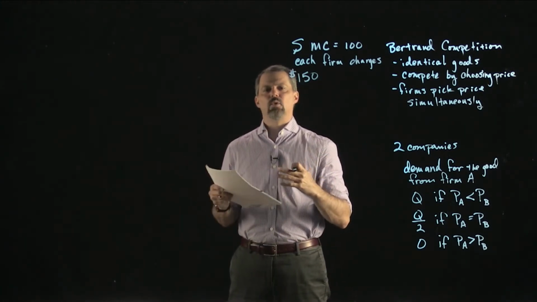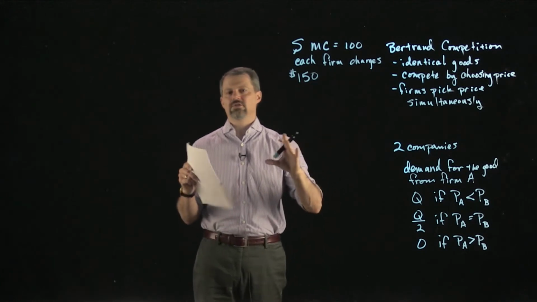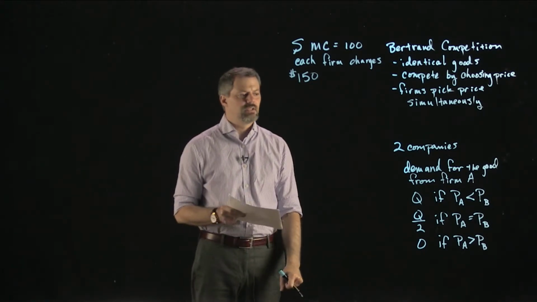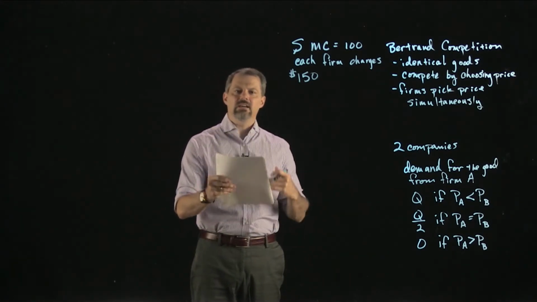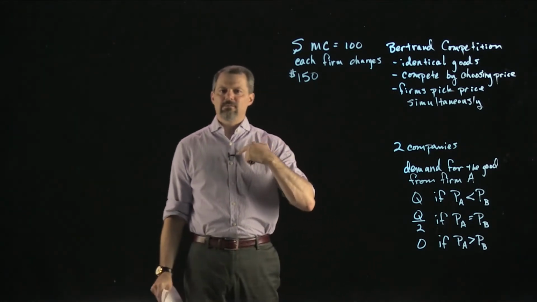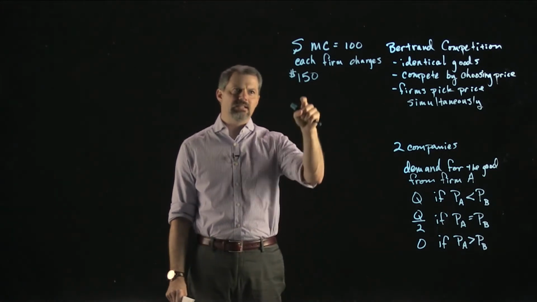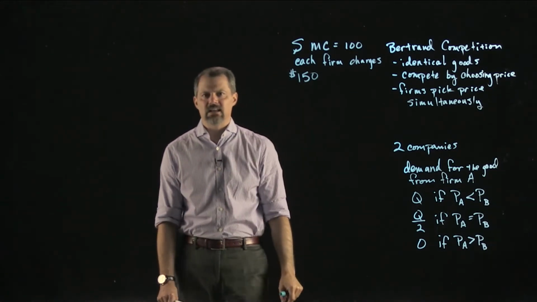Let's take the point of view of firm A. There are lots of different strategies here. They can choose any price they want, but let's just think dynamically about what's going to happen. If I'm firm A and I think firm B is going to charge $150, then what I need to do is just charge a little bit less than that.